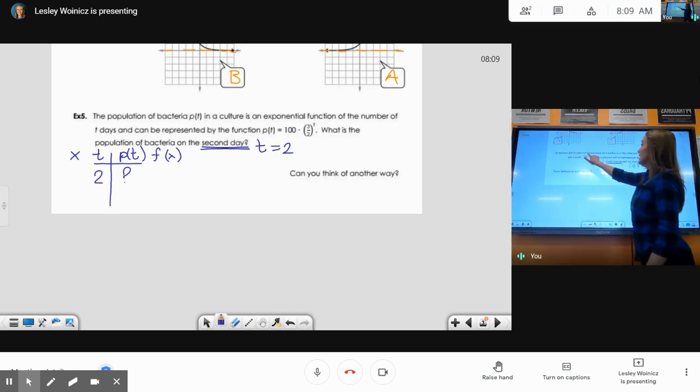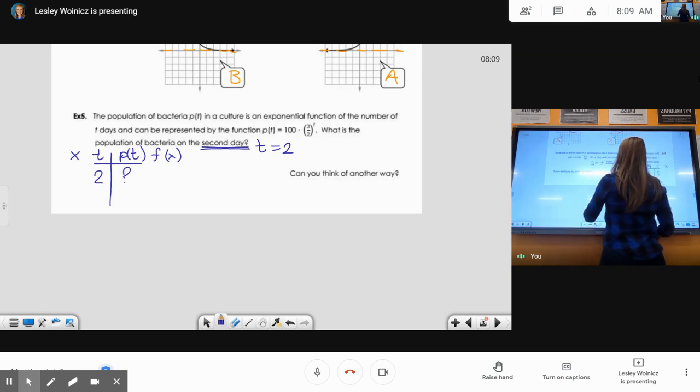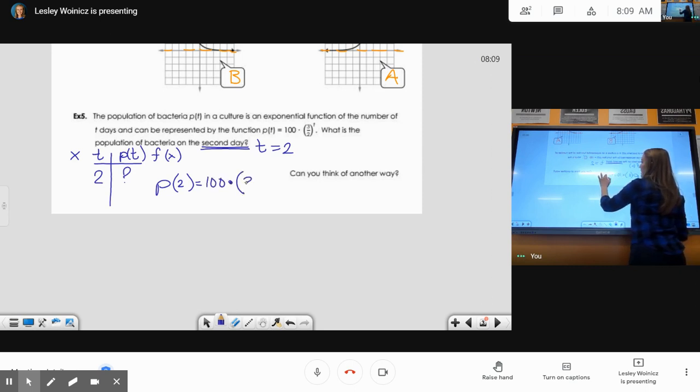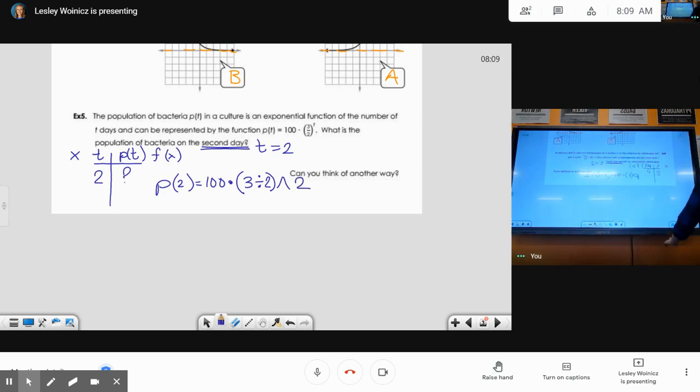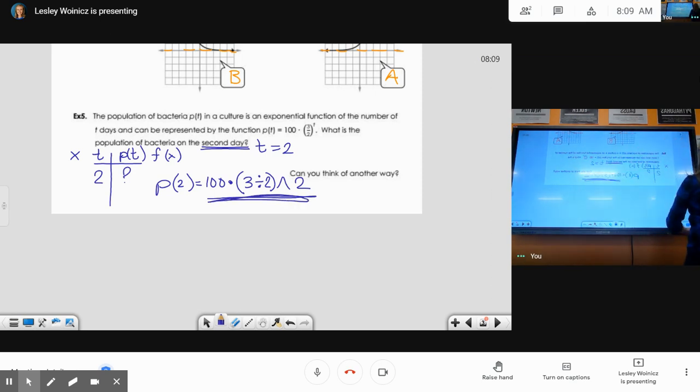So all I have to do is plug in a 2 wherever I see a T. So I say P of 2 equals 100 times (3 divided by 2) to the power 2. And I'm going to put this part in my calculator. I don't need to put this part in. I just want the output for that expression.